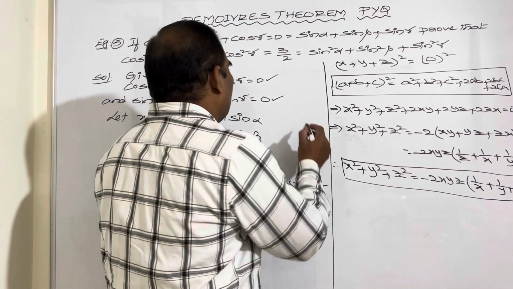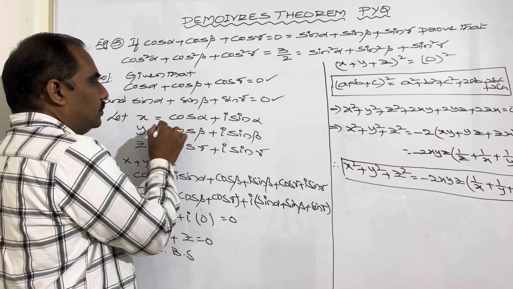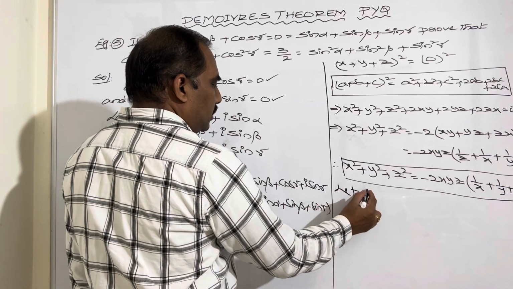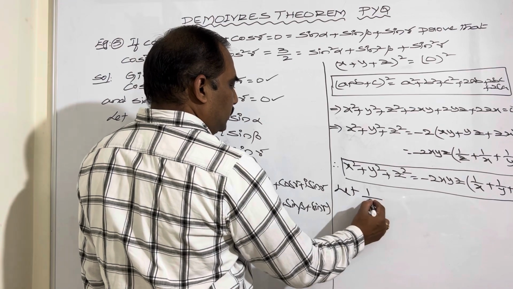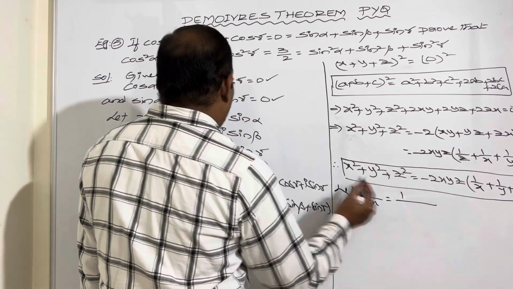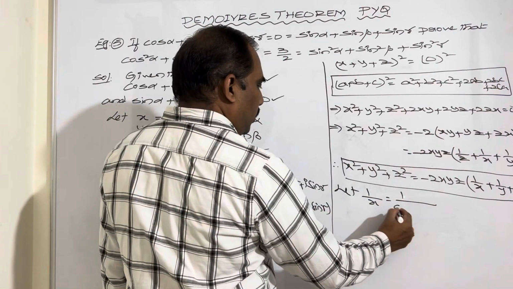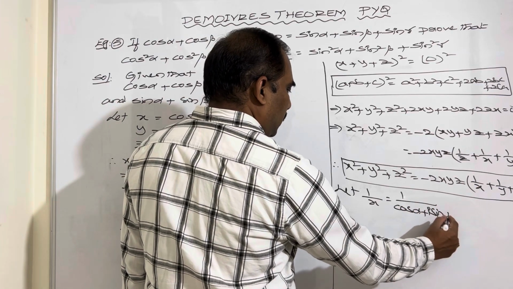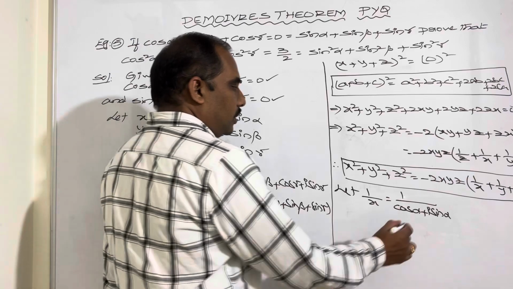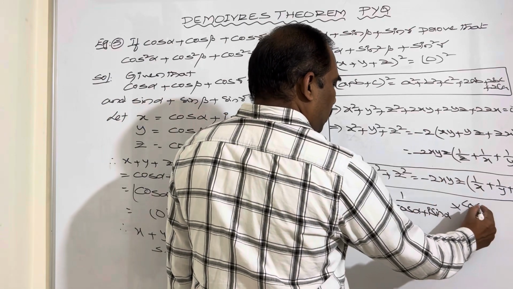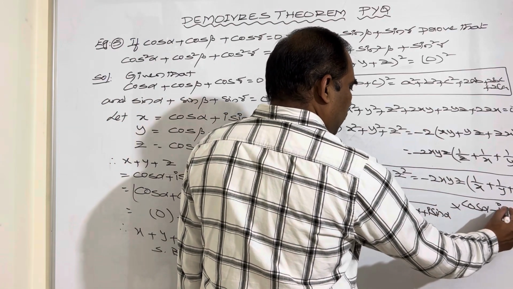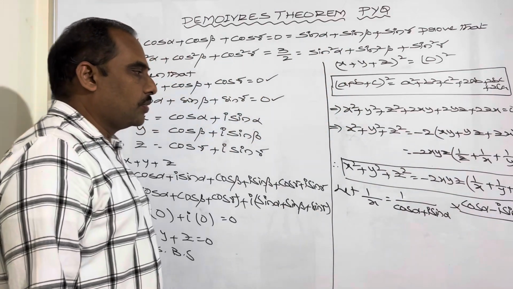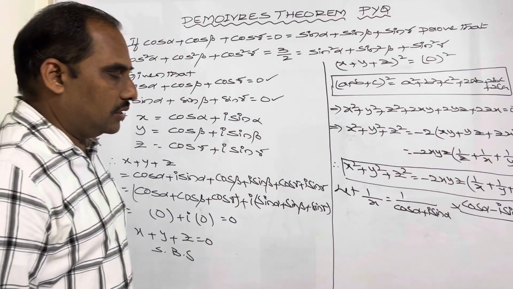Now consider, we already have x is equal to cos alpha plus I sin alpha. So 1 by x is equal to 1 by cos alpha plus I sin alpha. Rationalizing, that means multiplying numerator and denominator by cos alpha minus I sin alpha.